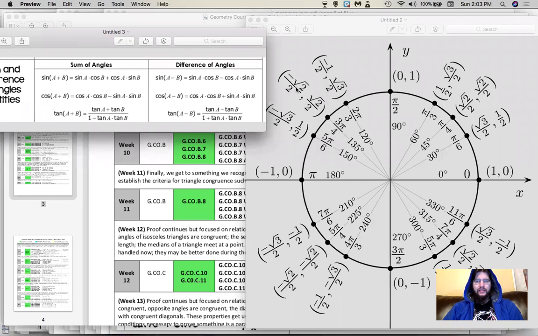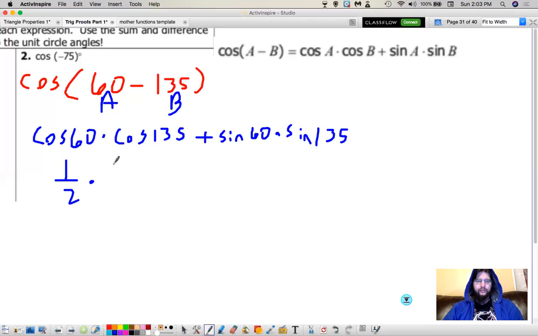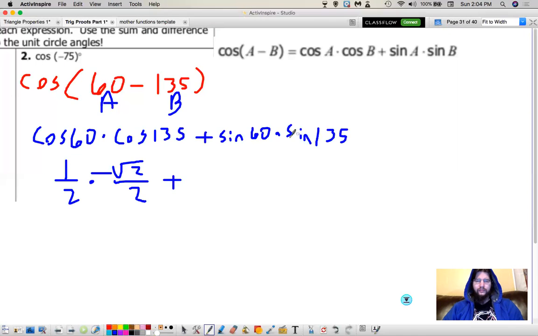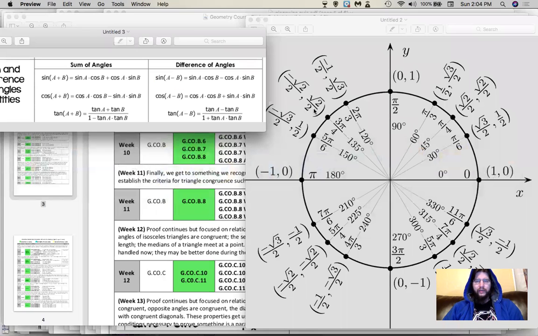Cosine of 135 is negative square root of 2 over 2. Sine of 60 is square root of 3 over 2. And sine of 135 is going to be a positive square root of 2 over 2.